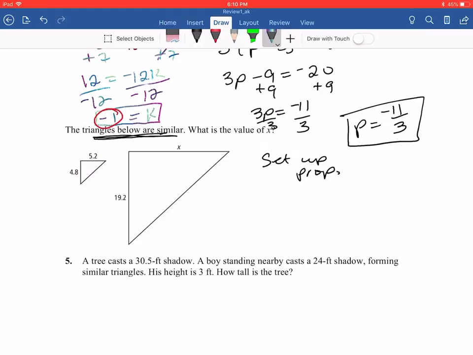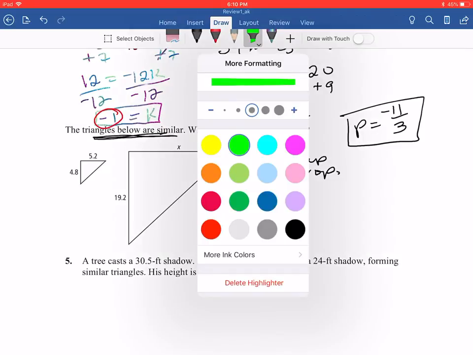So just to make my life easier, I'm going to do 4.8 over, so this side, 19.2 is equal to 5.2 over x. Again, I'm going to cross product.